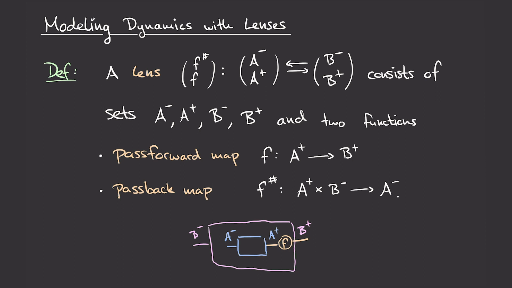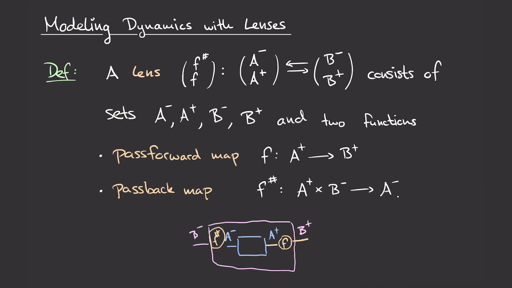On the other hand, the pass-back map is more complicated. What does it do? Well, it takes some output from A plus along with an input from B minus and uses that to produce an input to A minus. So in our picture, f sharp would be located here.